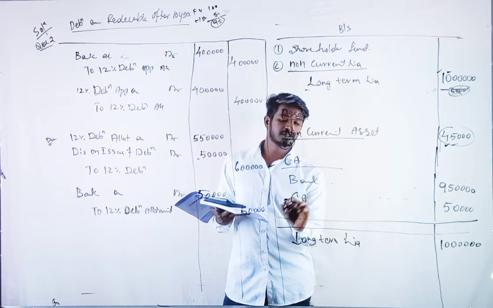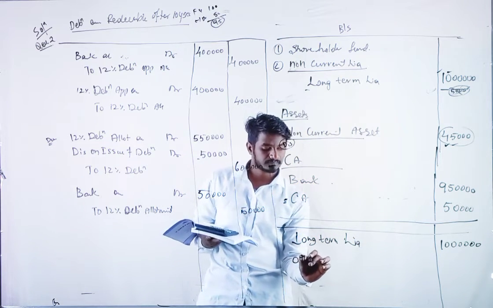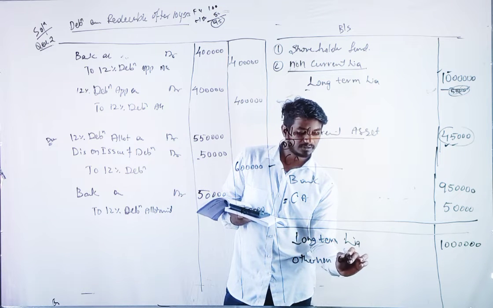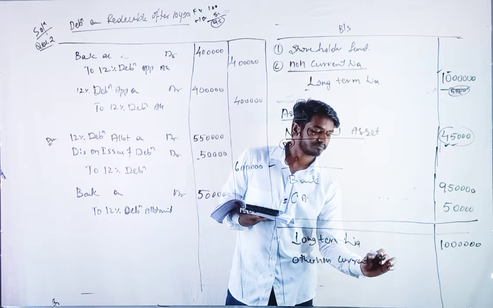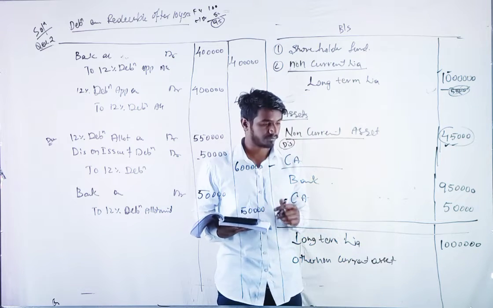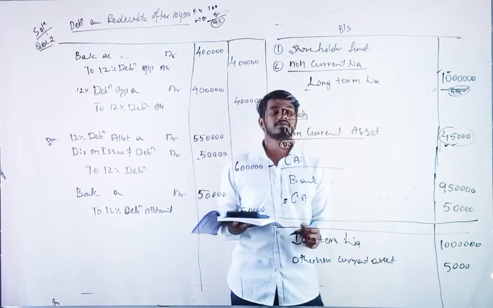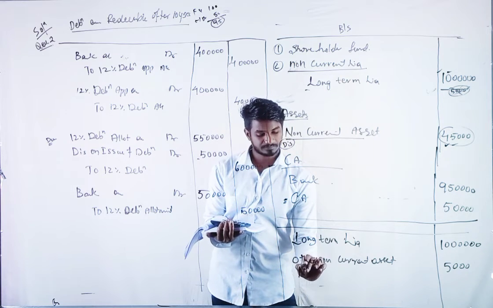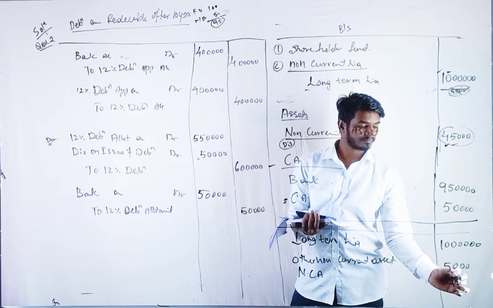This is the other non-current asset, 5,000. We should create other non-current asset. How much is it? 5,000, right? And the normal non-current asset is 45,000.